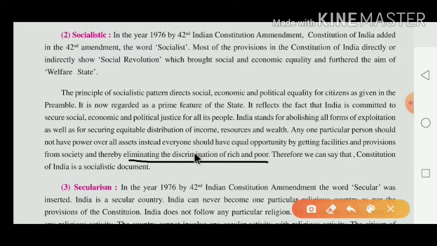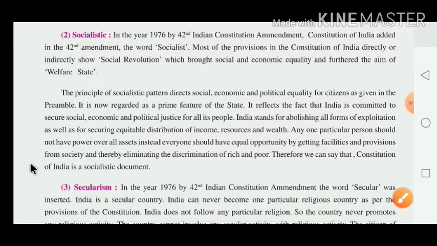Discrimination means bhedbhav between rich and poor, and that is why equal opportunity as well as equal facility is given to each and everyone. Therefore, we can say that the Constitution of India is a socialist document, where each and everyone is equal without any kind of discrimination.